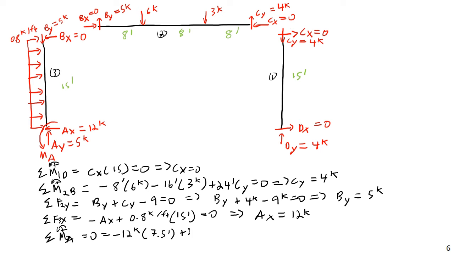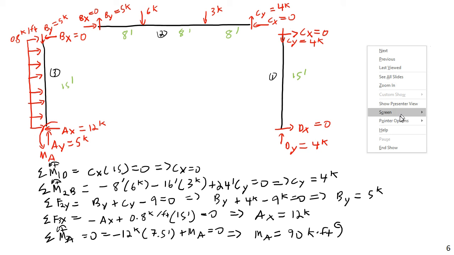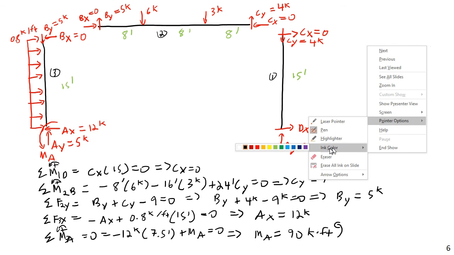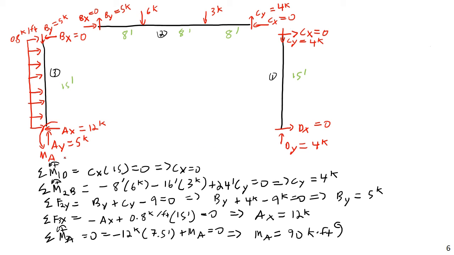And then plus MA is equal to 0, and therefore MA is equal to 90 kip feet. So MA is equal to 90 kip feet.